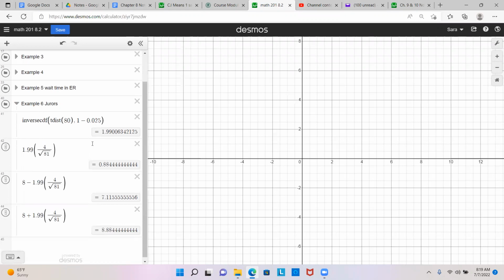And there's our error bound of the mean, 0.8844. And there's our lower and our upper, 7.11 and 8.88. It really should be 7.12 rounded right here. 7.12.